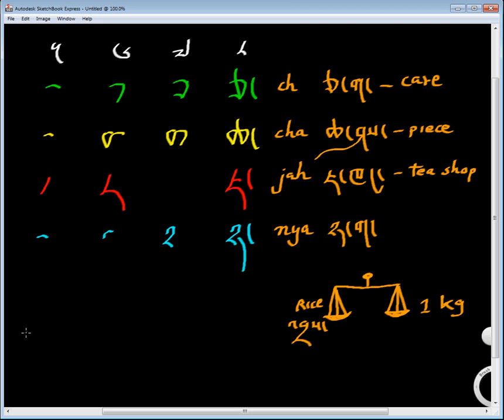So another example of ja is ja, la, ka, jalak. If you watched the first video, we have learned how to pronounce this. Jalak means item, stuff, things.